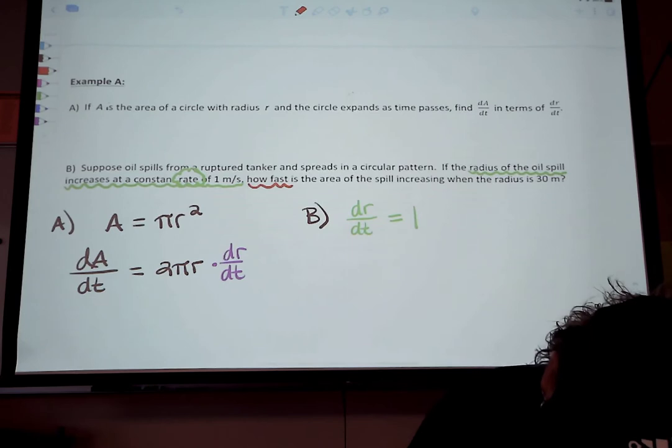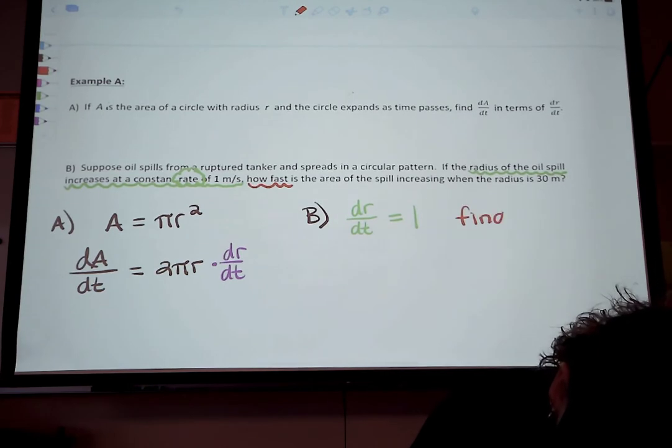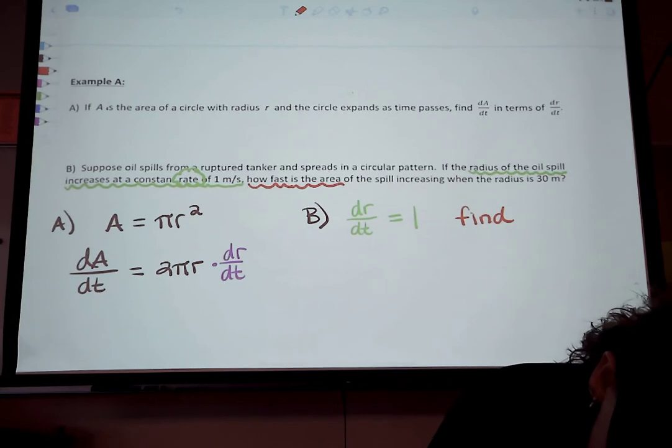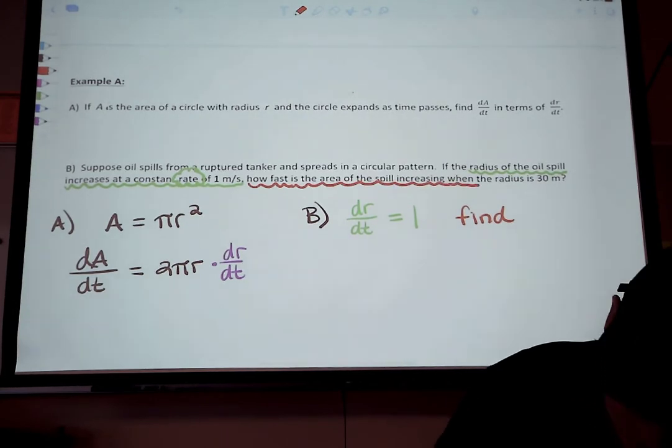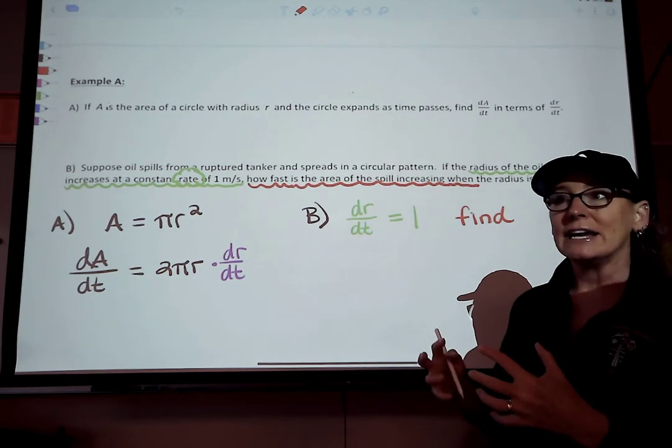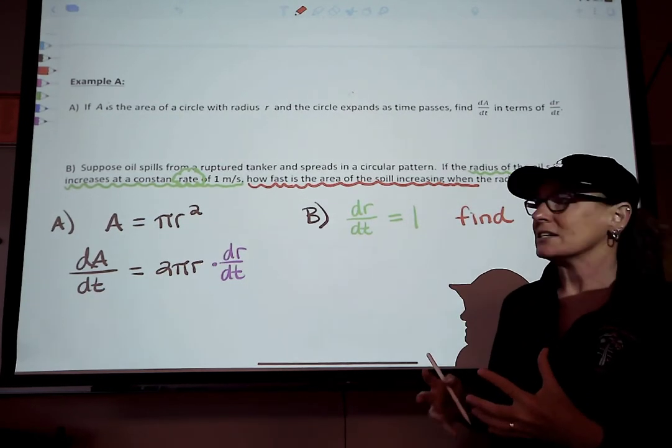How fast, find. How fast is the area changing? Oh, now it's talking about the rate at which the area is increasing.